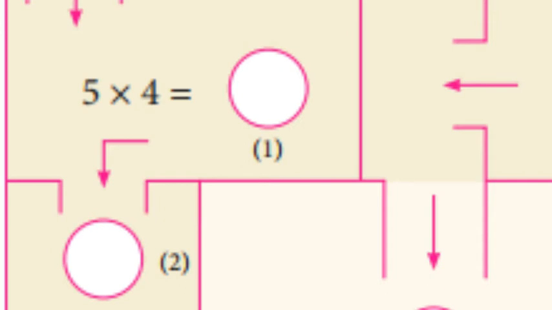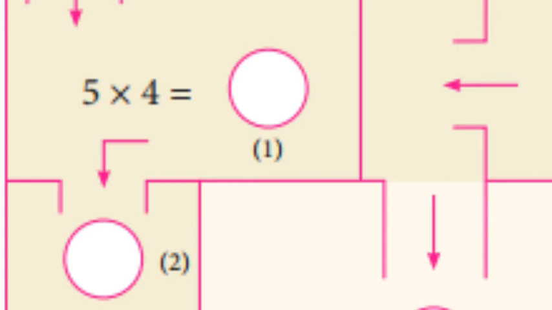So children, listen. 5 plus 5 plus 5 plus 5 is equal to 20. So, we can write 5 into 4 is equal to 20. So children, the first answer is 20.